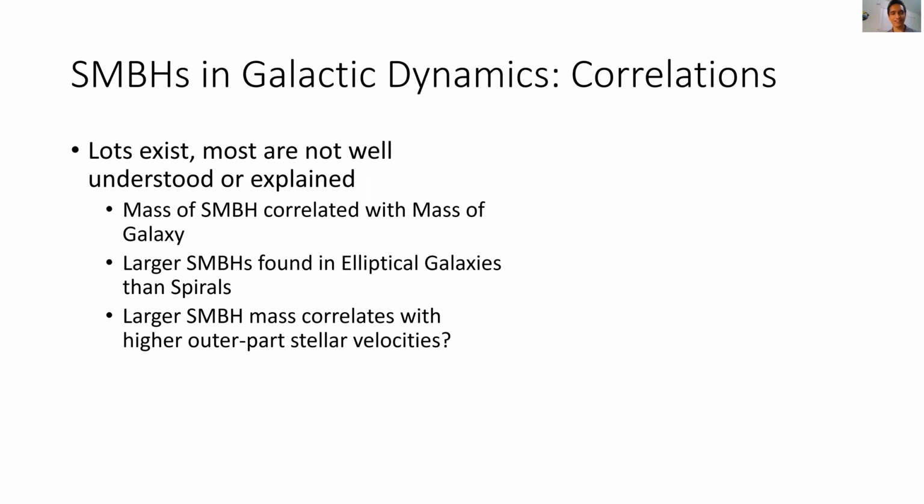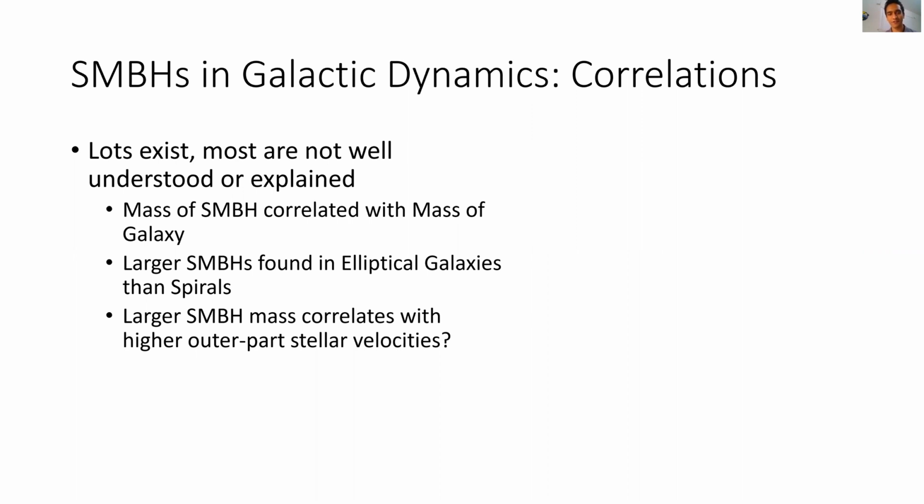Then you get some correlations where there's not even a semi-intuitive explanation. For example, larger supermassive black hole mass correlates with higher stellar velocities in the outer part of the galaxy. Keep in mind that the mass of the supermassive black hole is very large, but it's still localized to the center of the galaxy.